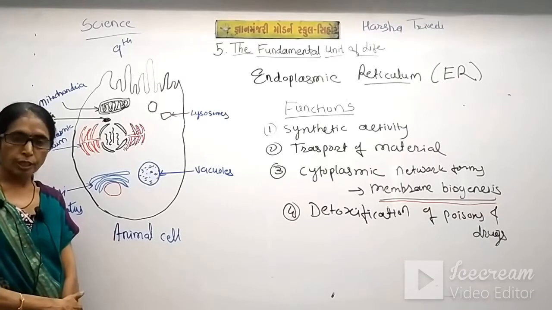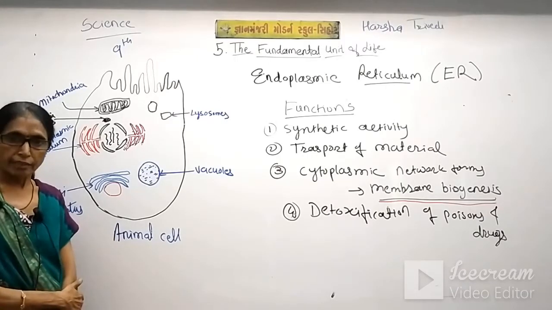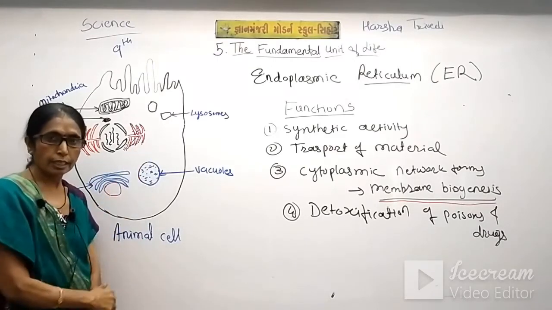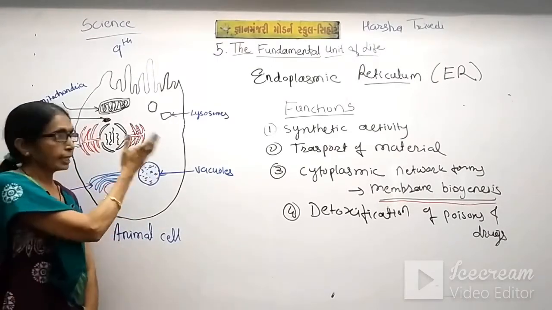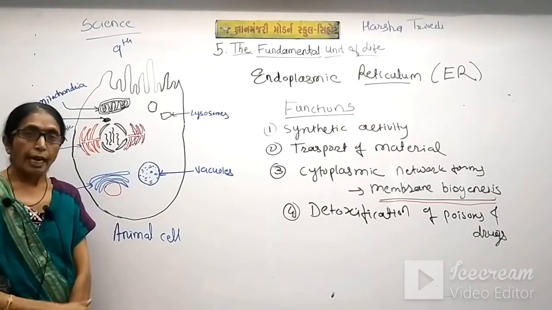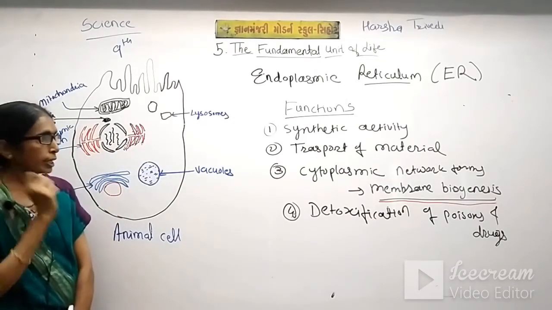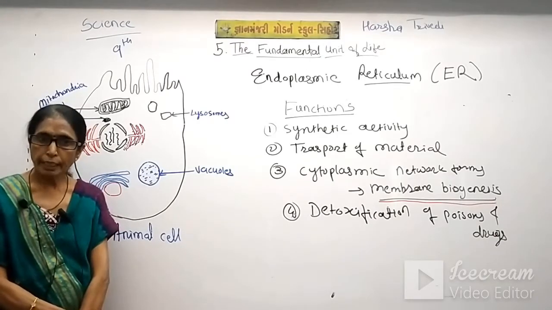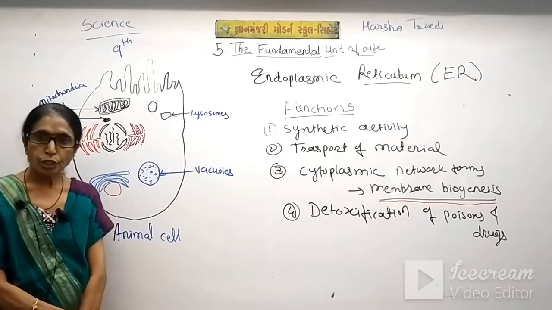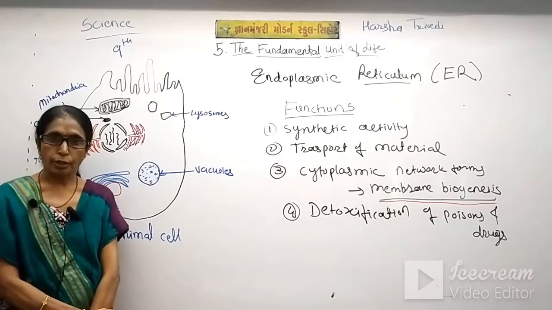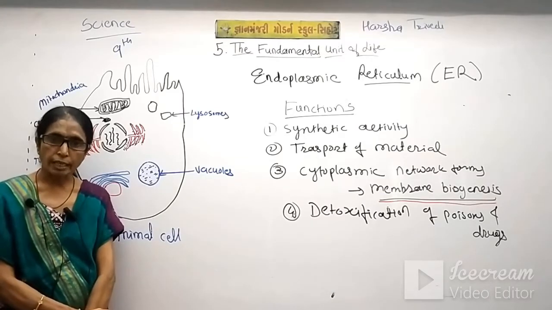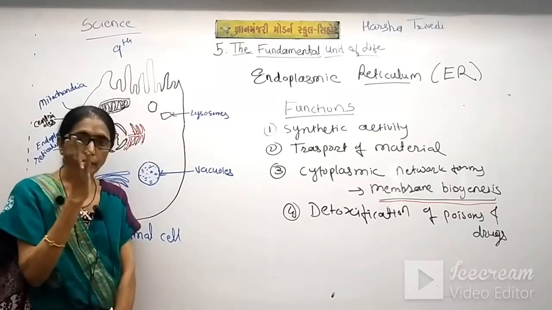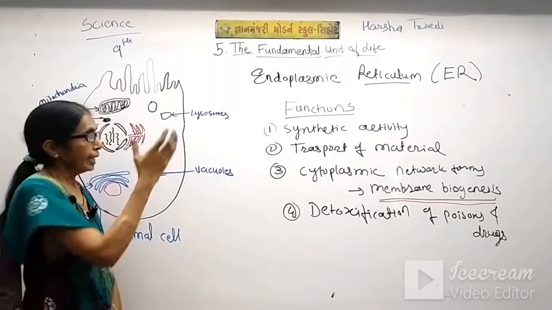The function of ribosomes is to synthesize protein, and if there are no ribosomes, then it synthesizes lipids. So in the RER both protein and lipid synthesis take place, and in the SER only lipid synthesis. These proteins and lipids are useful in the formation of the cell membrane. The process is called membrane biogenesis. Also, these lipids and proteins are useful for secretion of enzymes and hormones.